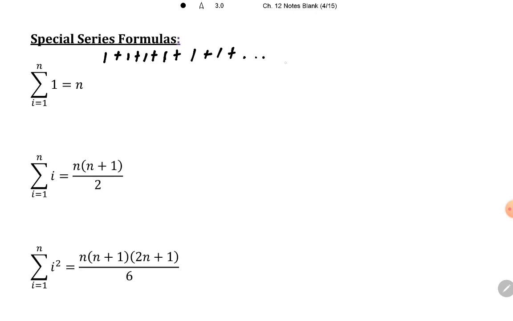Goes on forever or whatever. And what this says is the sum starting at 1 going on to whatever you choose will be that number. So if I wanted to add the first 13 numbers, I'll get 13.